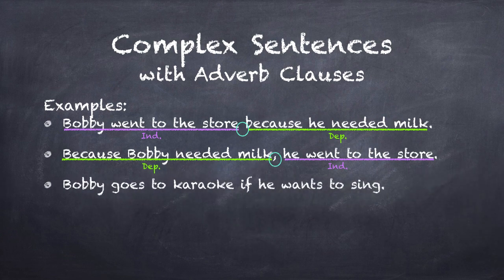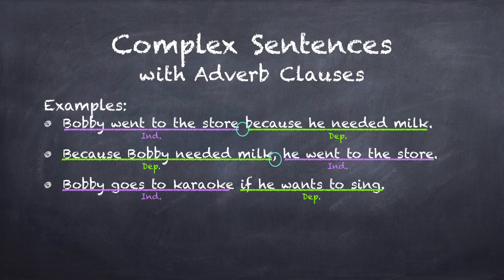In our next sentence, we have Bobby goes to karaoke if he wants to sing. Bobby goes to karaoke is the independent clause. If he wants to sing is the dependent clause. We know that we cannot say if he wants to sing by itself as its own simple sentence because it's an incomplete thought.